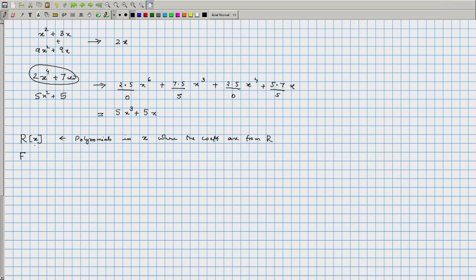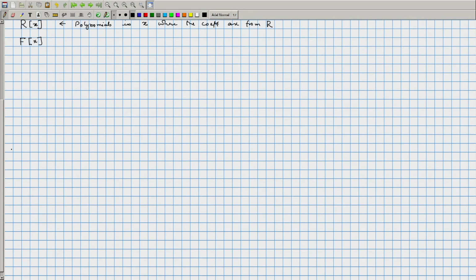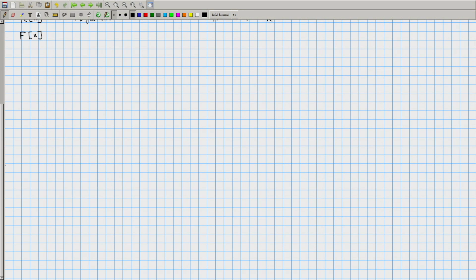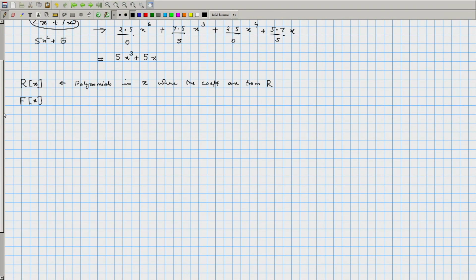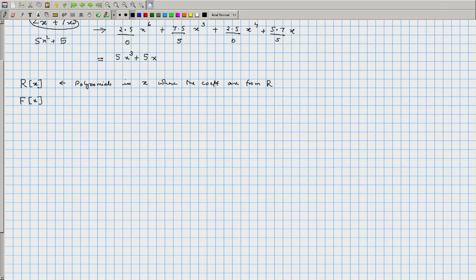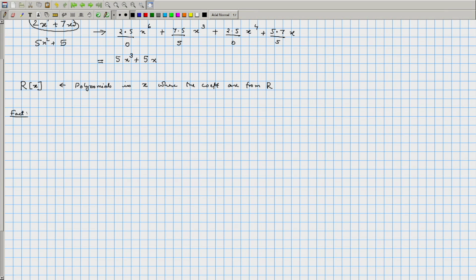And if we have a field, we usually write it as F[x] to indicate the difference between a ring and a field. Okay. So, when we say F[x] or R[x], it means we are considering polynomials in the variable x, and the coefficients are coming from F or R. So, if we consider polynomials where the coefficients are from a field, then we will have the following observation.